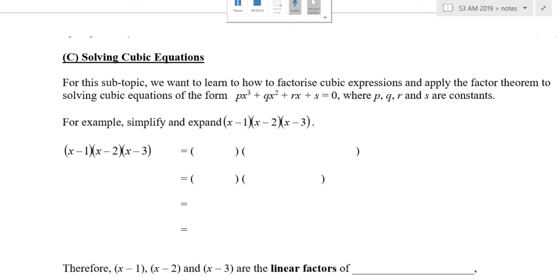So what I will do is I will probably expand these 2 first. So then here I write x minus 1, x squared minus 3x minus 2x minus 5x plus 6. Now, don't do this.